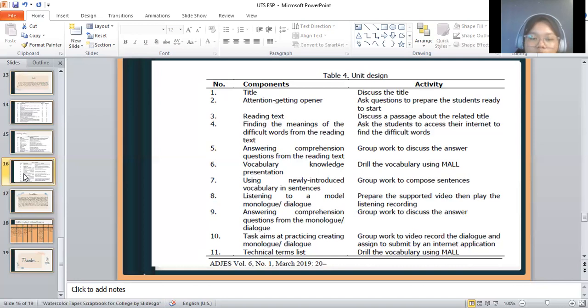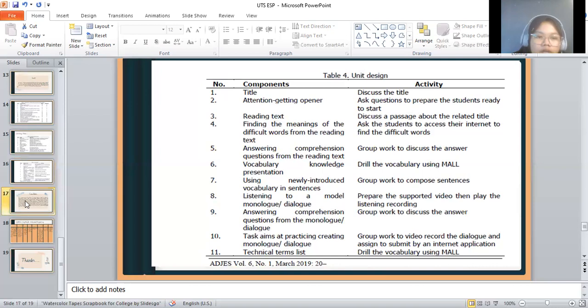The activity is group work to discuss the answers, and after that, the task aims at practicing creating a monologue or dialogue. The activity is group work to video record the dialogue and submit it by an internet application. And the last, technical term list, drill the vocabulary using MALL.